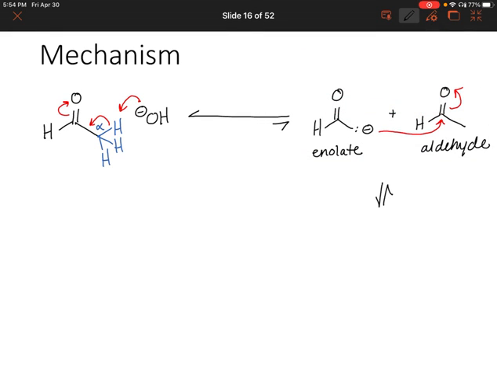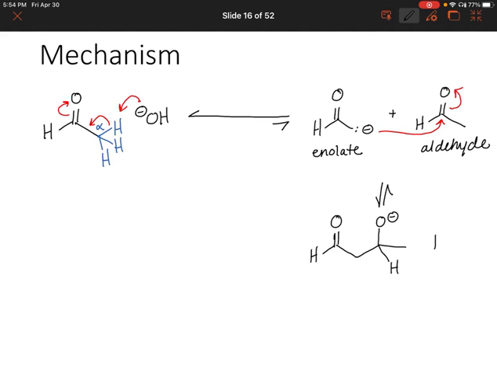So now we've connected our two molecules. So on one side, we still have our aldehyde, and then we formed a new bond to the other aldehyde, which has now become almost an alcohol. We're not quite there yet.